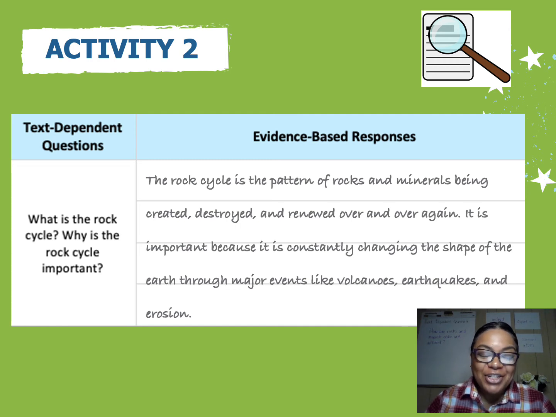Yes, I'm glad you noticed. I went back in the text to cite evidence to support my answer. I also reread the text, and I also underlined the evidence that I found. Great job, fourth graders.